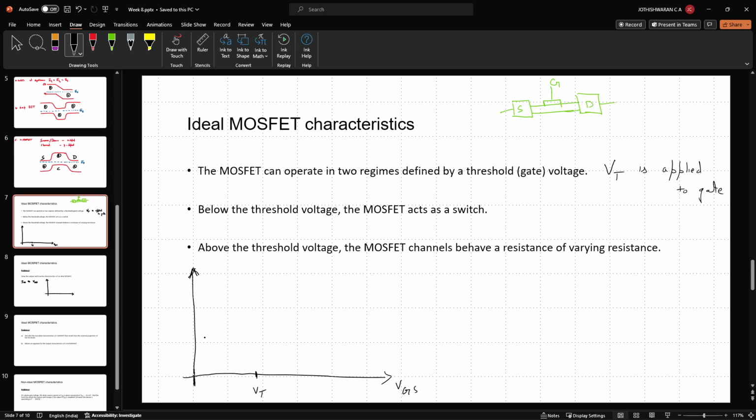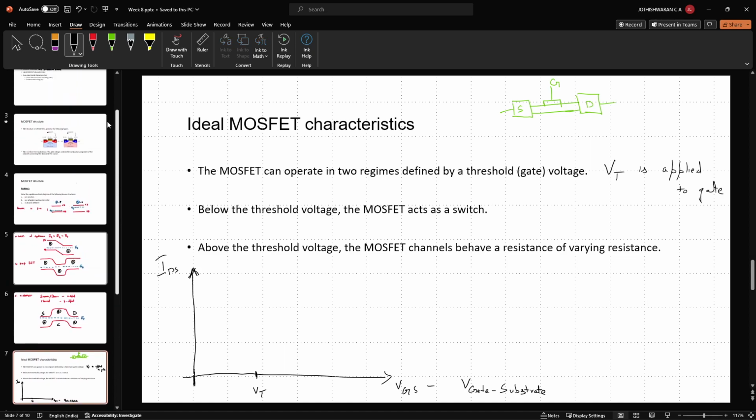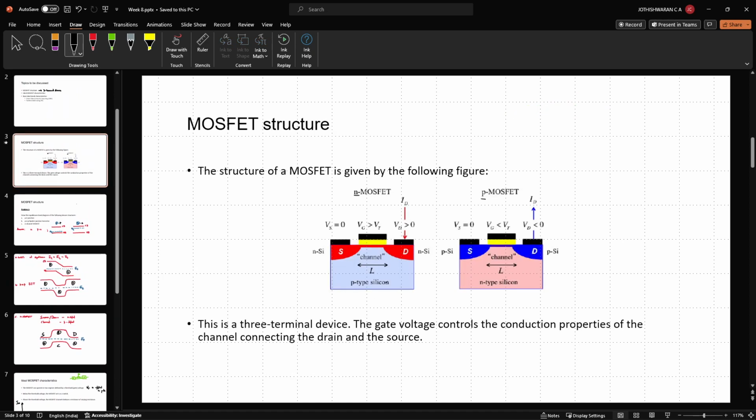Okay, so this is IDS. Now here VGS should be understood as the voltage between gate and substrate. So this is not gate and source. So gate and substrate, where the substrate is the body of the device essentially.